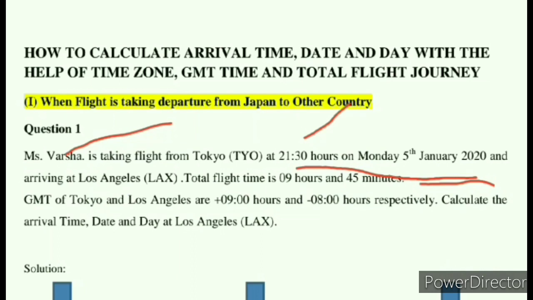That is her point of view. But if we see the actual calculation, it is quite different from Miss Versa's point of view. Now we will see the calculation.